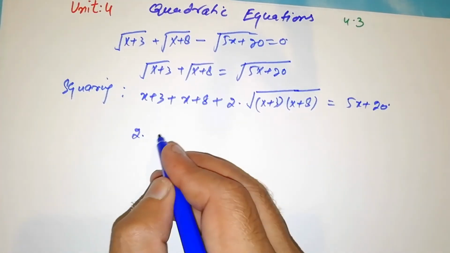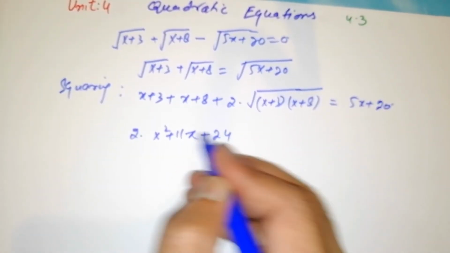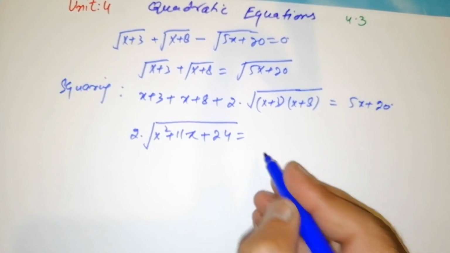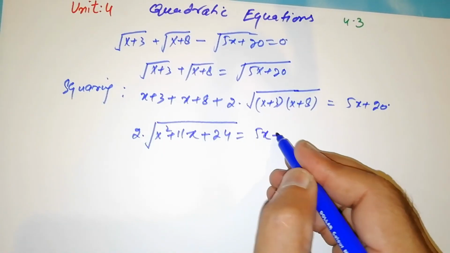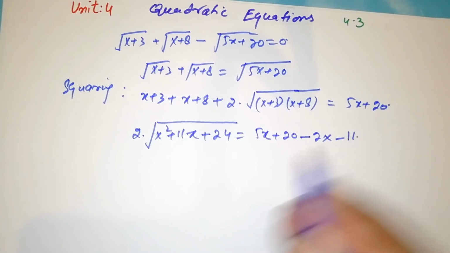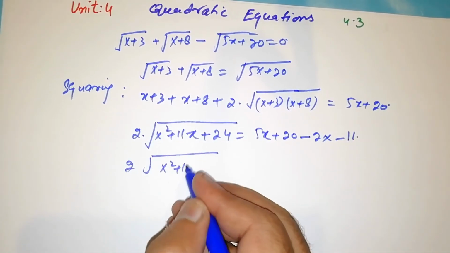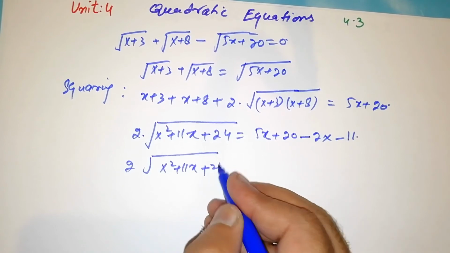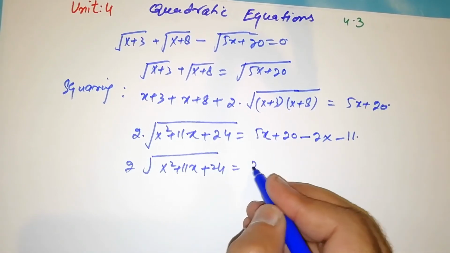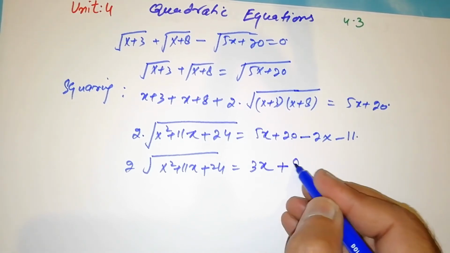Therefore 2√(x² + 11x + 24) = 5x + 20 − 2x − 11. See, x² + 11x + 24, here we will get 3x and from 20 minus 11, so plus 9.